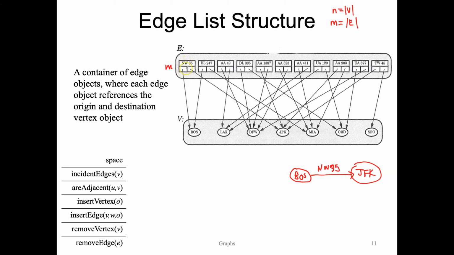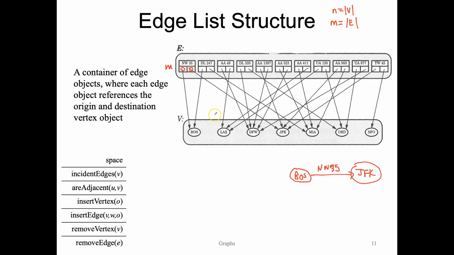So that's this first edge here. And how we know Boston BOS was the originating vertex, we have a pointer to it here. So this is referencing that whatever this first one is, this is the originating vertex, and the second one is the destination vertex. So this edge starts with BOS and it ends at JFK.